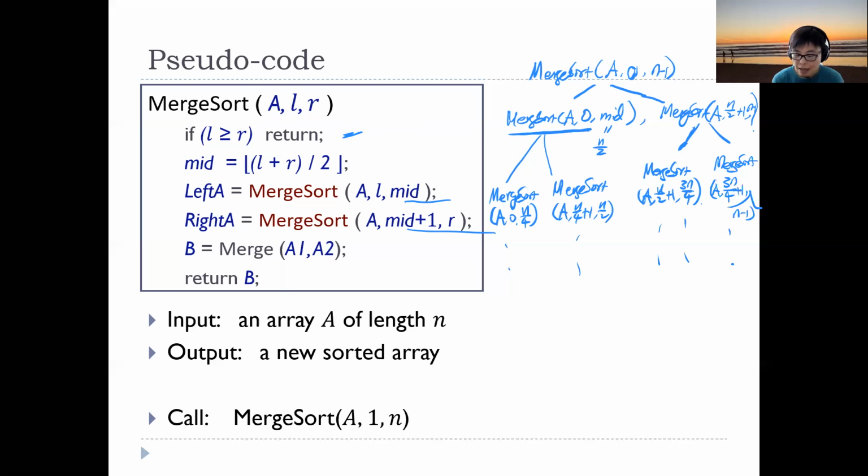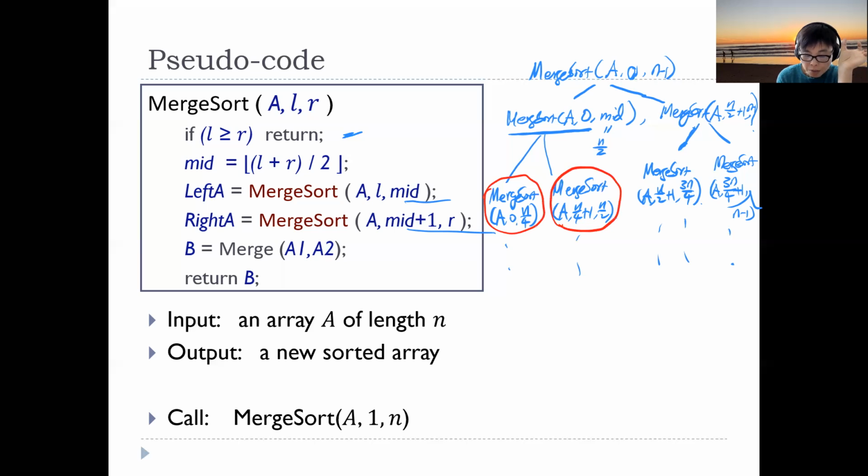Let's say that when we return, we've returned up to this level. If this one ran successfully, then we get a subarray, which is the sorted portion of the first quarter. And here we get a sorted subarray of the second quarter.